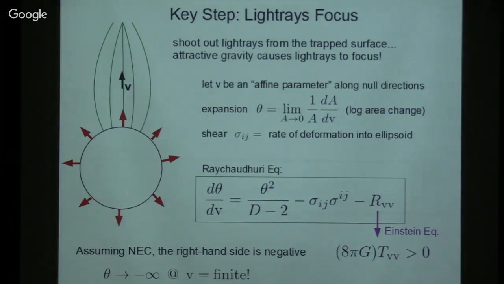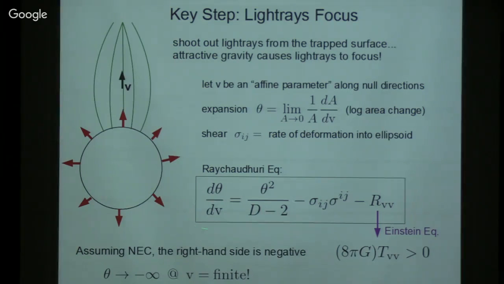You can also define something called the shear, which in higher dimensions than the slide I'm showing you would say how a circle here would deform into an ellipsoid as you move up this way. Not everything here is important, but what's important is that there's actually a formula now for the rate of change of the expansion with respect to this affine coordinate. This is something related to the second derivative of the area.